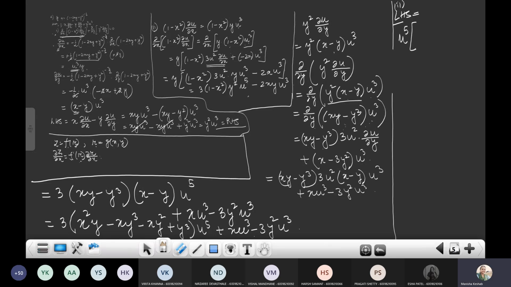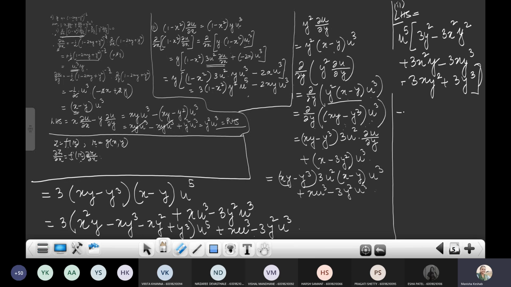So then what we'll get from the first one, we will get 3y square minus 3x square y. Okay? And from here, we will be getting plus 3x square y minus 3xy cube minus 3xy square plus 3y cube. This is all for u power 5.